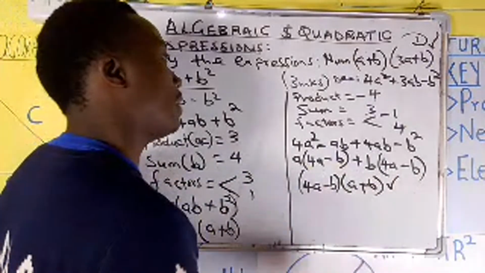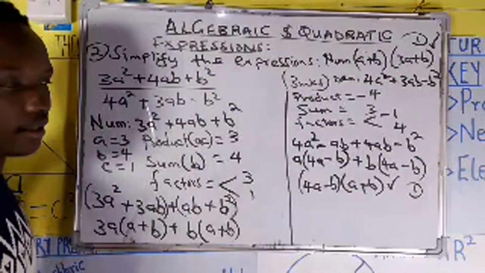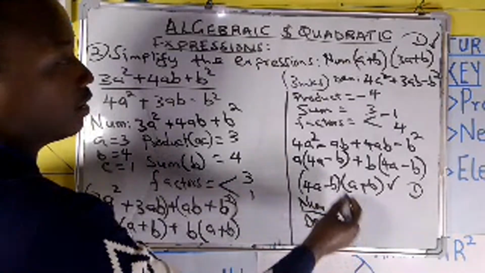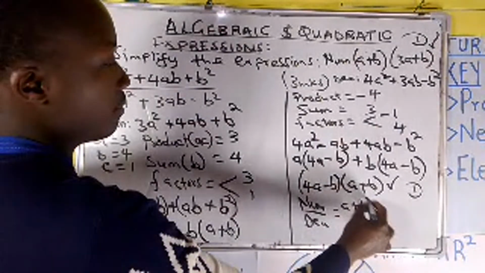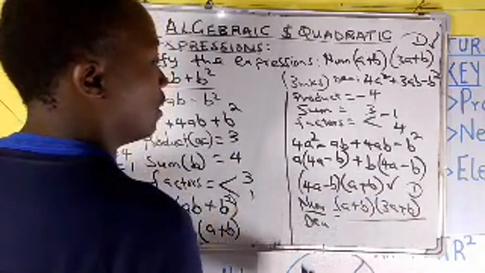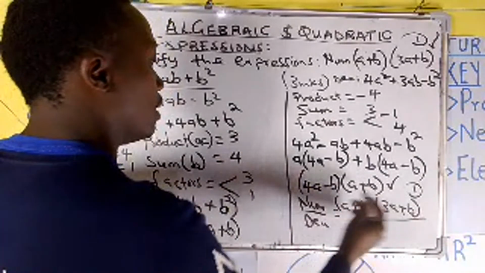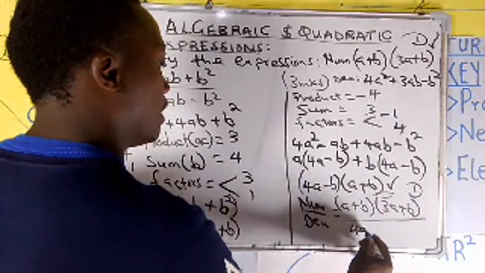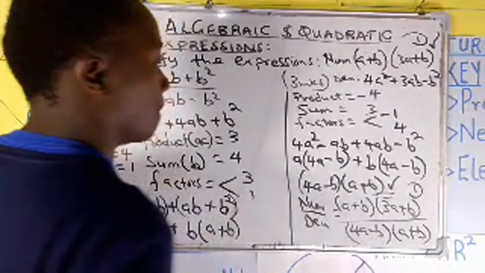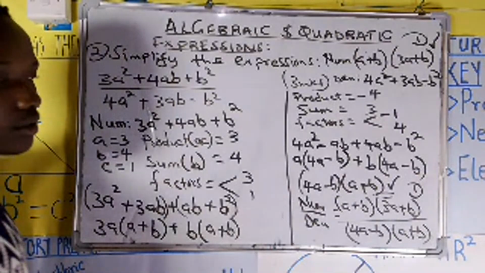And once we have that, we have our second factorization of the denominator. So we now simplify. Remember, it is the numerator over the denominator. The numerator was a plus b and 3a plus b, over the denominator, which we've just gotten as 4a minus b, a plus b. Once we have that, we can now simplify.